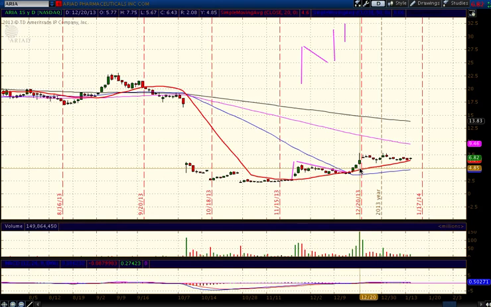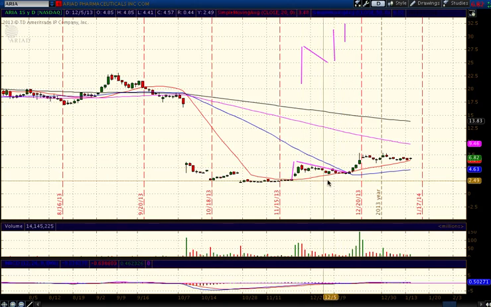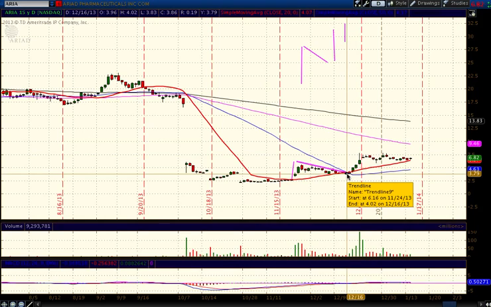Pretty powerful. You can see, combine the pattern with the moving averages, and you get a pretty good price move. You get two moving averages there, which is doubly more powerful at the necktie. What a beautiful trade this would have been had I seen it before.